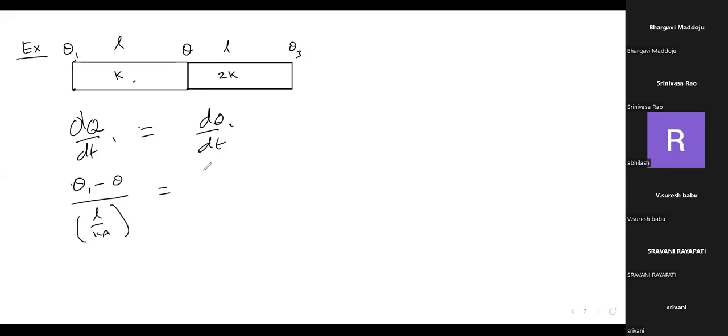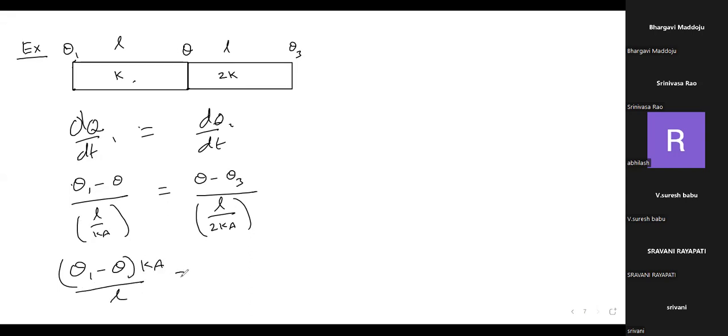In the second rod, the temperature difference is theta minus theta3, divided by the thermal resistance L by 2K. After cancelling the L, K and A, we will get theta1 minus theta into Ka by L equals theta minus theta3 into 2Ka by L.